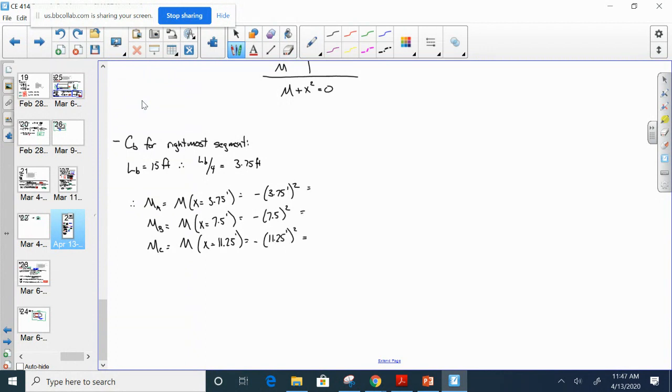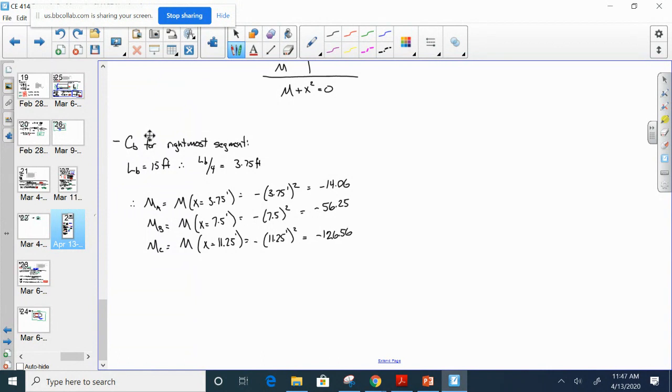And since we're running short on time, I'm just going to give you these. This one is minus 14.06. This is minus 56.25. And this one is minus 126.56.